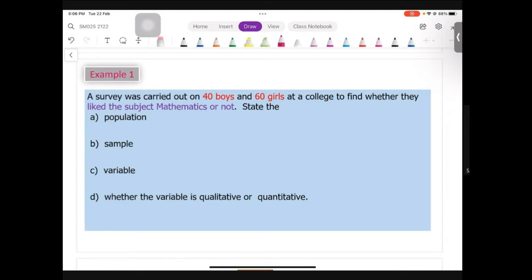Start with the first one, population. The big group here would be students at the college, because they did the survey at a college. So our population would be all students at the college.